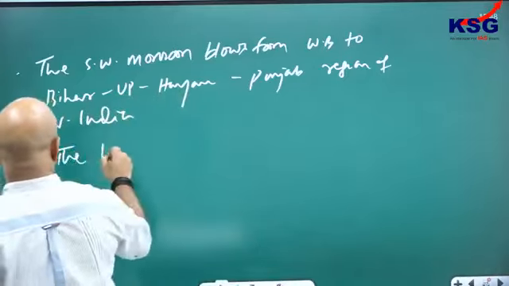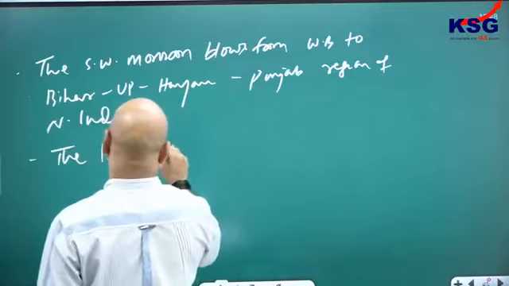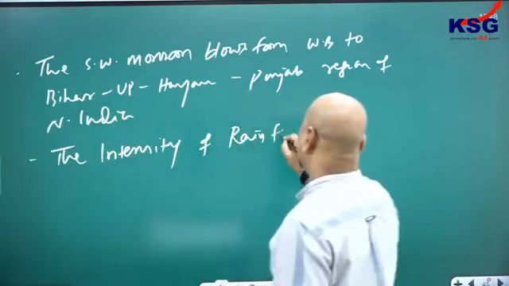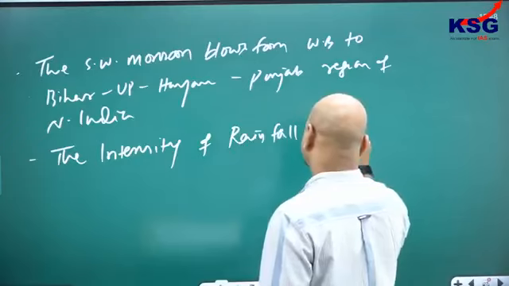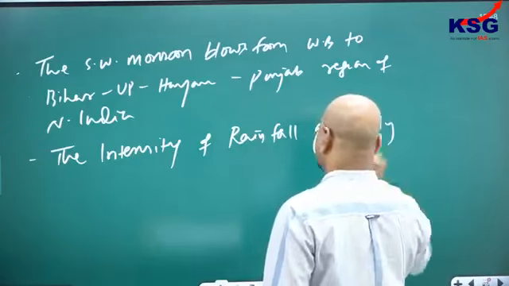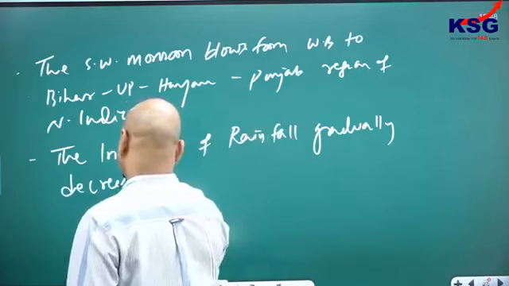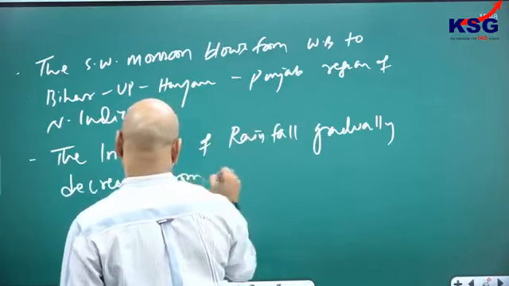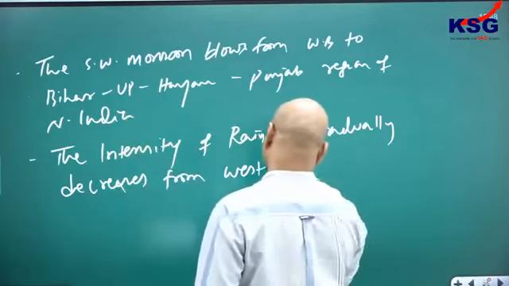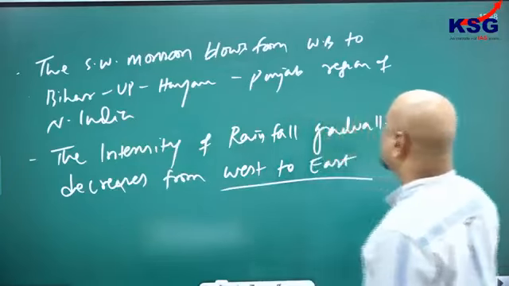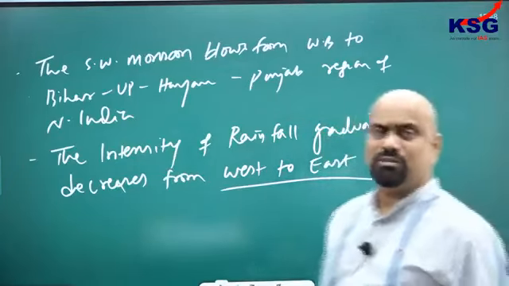The intensity of rainfall gradually decreases from west to east.